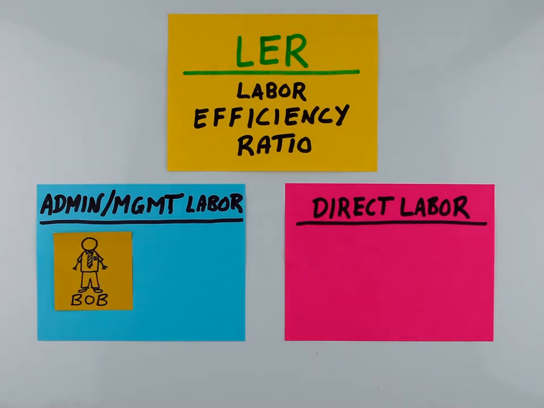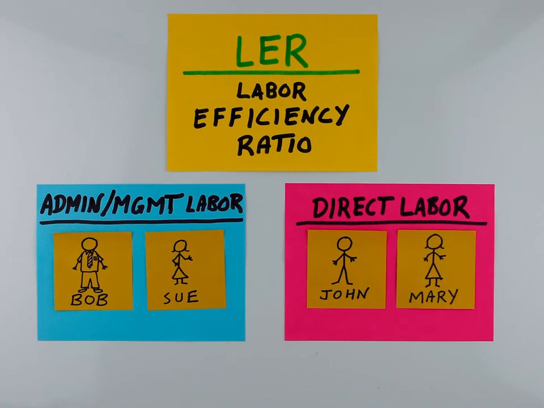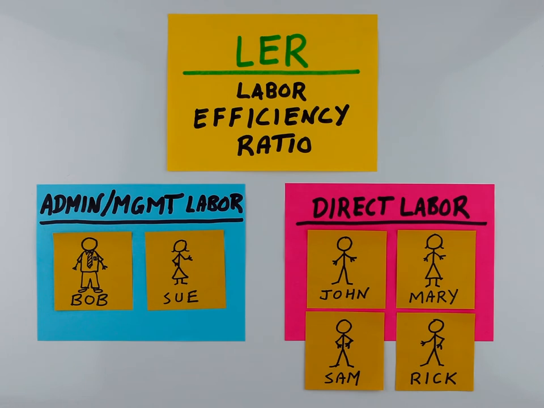And so we'll take our team members. We've got Bob and Sue in our admin and management team, and we've got John, Mary, Sam, and Rick in our direct labor team. This is probably the only major change you'll have to make to your accounting system. Most accounting systems right off the bat, people don't take the time to separate these two labor pools.